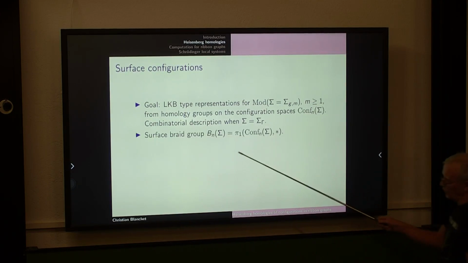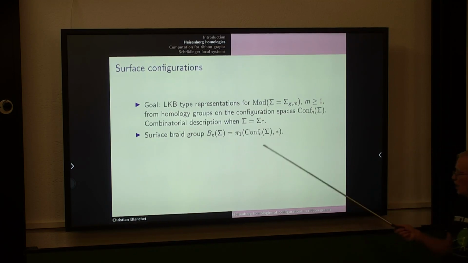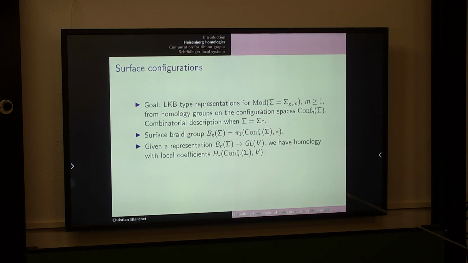So start with the surface braid group, which is the pi1 of this configuration space by definition. And if you take a representation of this pi1, as mentioned by Misha, we have homology with local coefficients.